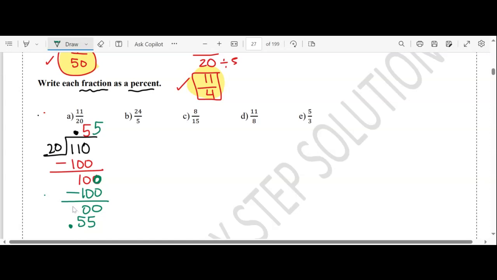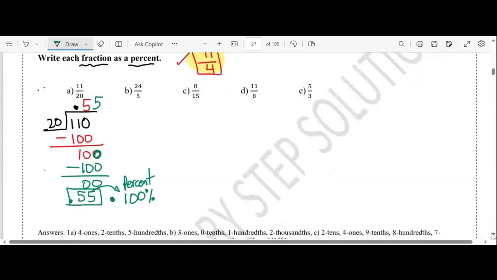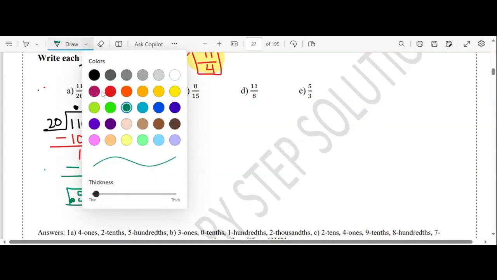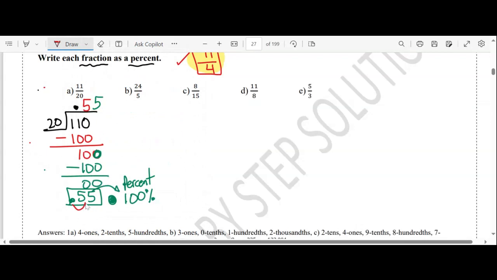To decimal. Now, if I want to convert this to percent, I have to multiply times what? 100%, correct? I have to move the decimal how many places? 2. So it's 55%. Is this clear? Clear.